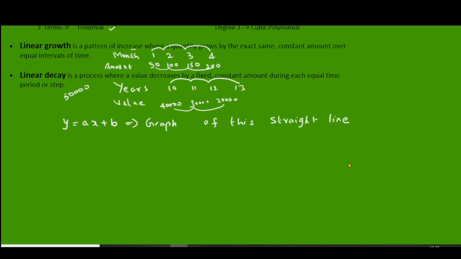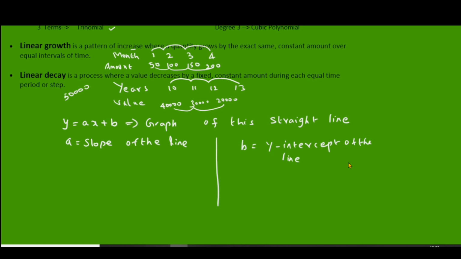This is the equation of the straight line, where a is the slope of the line, and b is the y-intercept of the line.